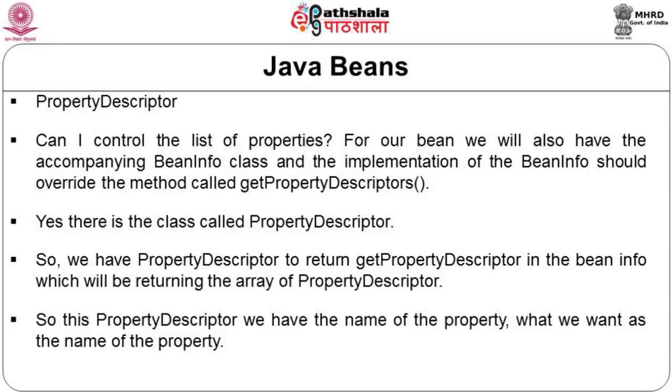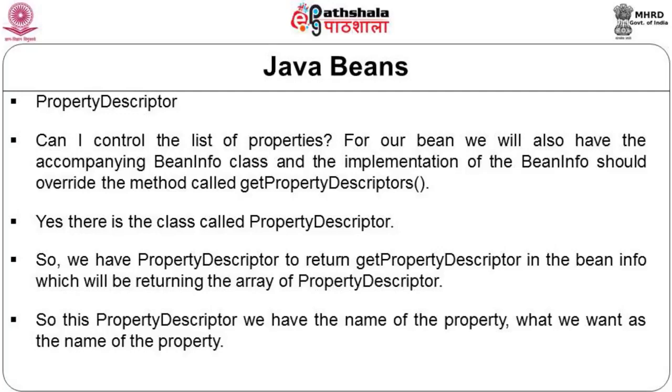Coming back to the list of properties, can I control the list of properties? Of course. For our bean, we will also have an accompanying bean info class, and the implementation of bean info should override the method called getPropertyDescriptors.